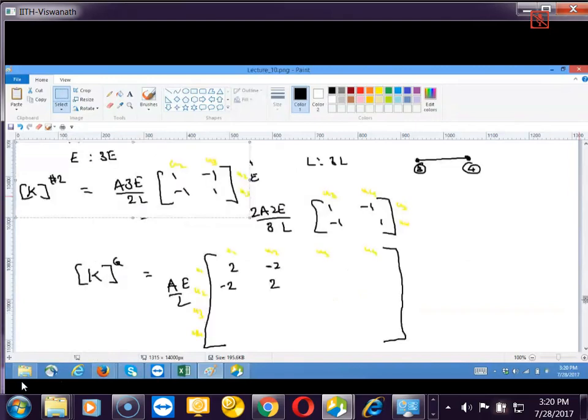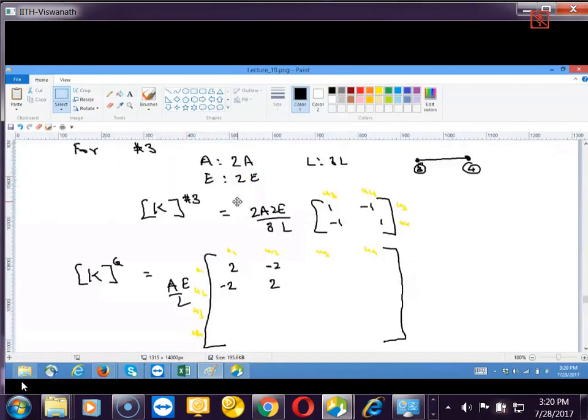Then I'll come here. If you look at here, u2 u2 is 3 by 2, u3 u2 is minus 3 by 2, and u2 u3 is minus 3 by 2, u3 u3 is plus 3 by 2.